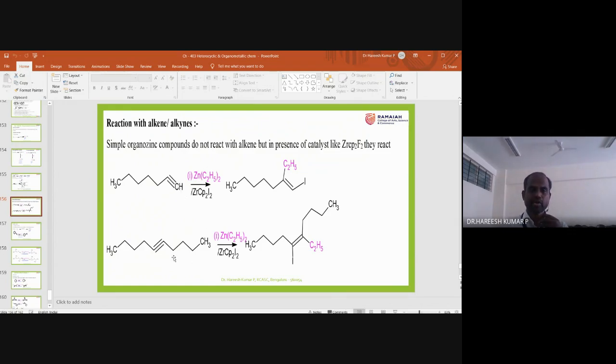But if this is a symmetrical double bond, meaning this group is the same as this group, then ethyl can attack either carbon and the product will be the same.